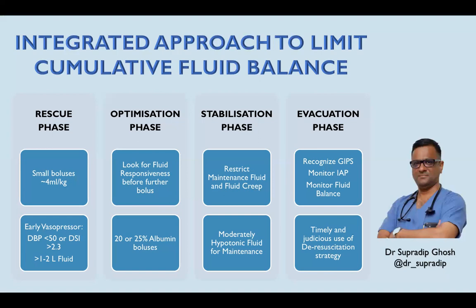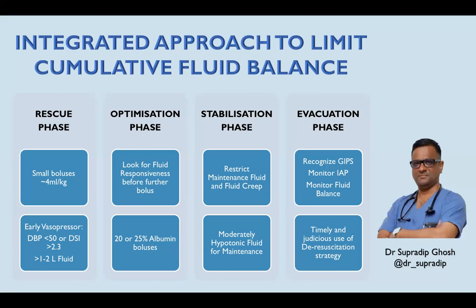But if the patient is fluid responsive, we should always look for whether the further fluid is going to harm our patient or not. In this stage, probably a hyper-oncotic albumin bolus is going to help our patient in reducing the overall cumulative fluid balance. But we need to have more data regarding the latter approach.